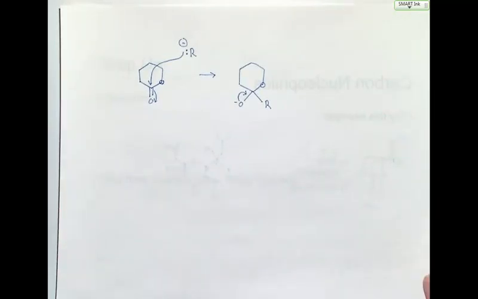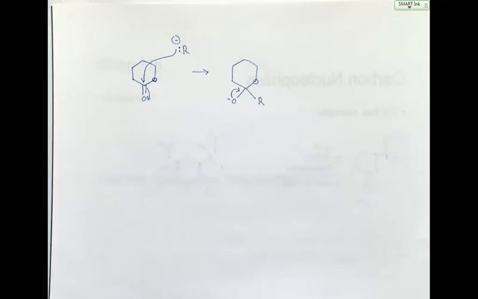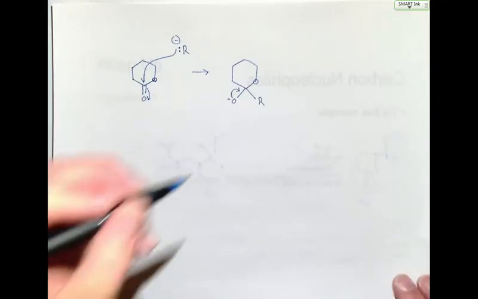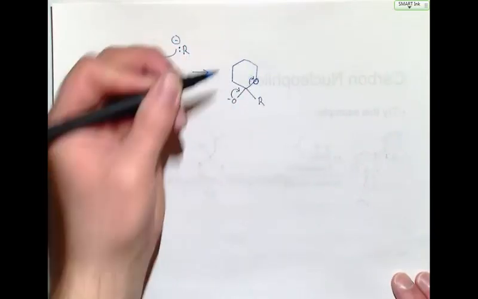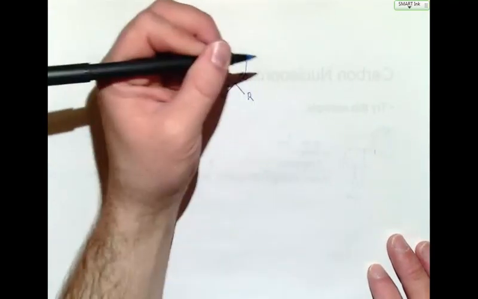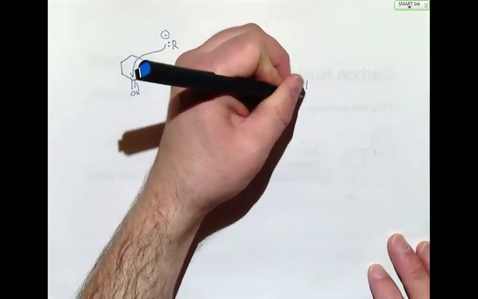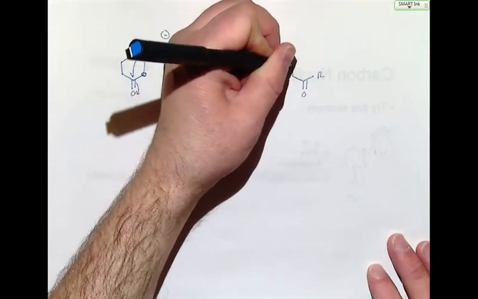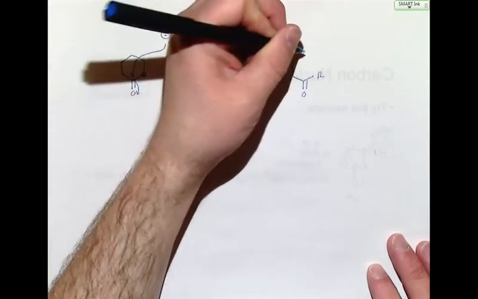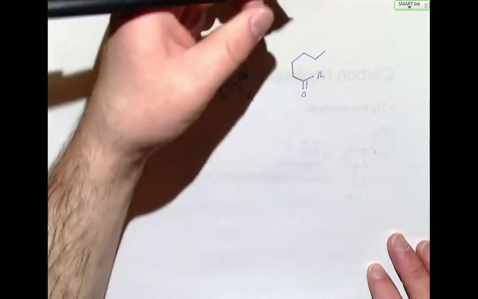And what's the leaving group here? Yeah, we have to make this oxygen leave. That's the best leaving group out of the four of the tetrahedral intermediate. And then we have another equivalent of R.